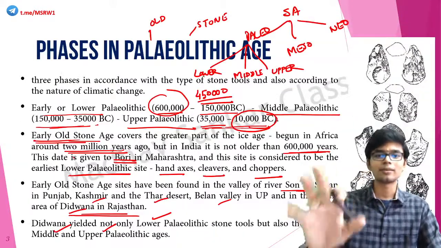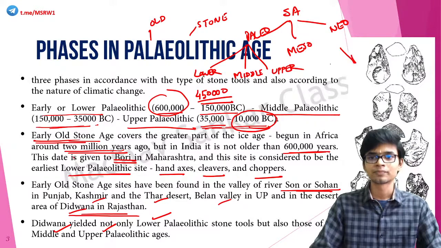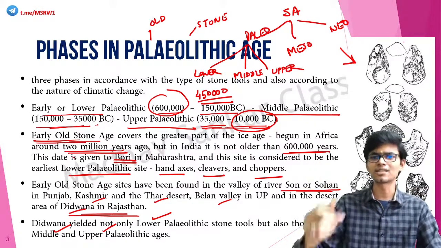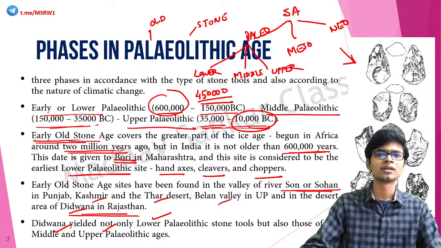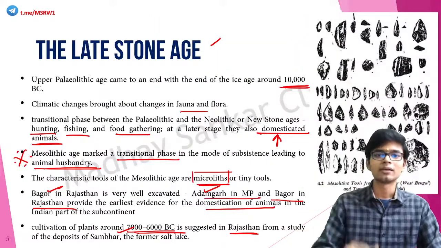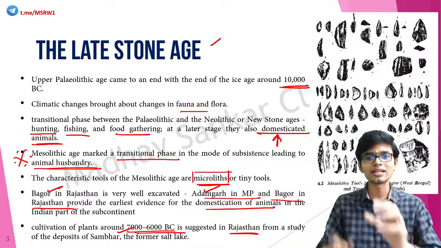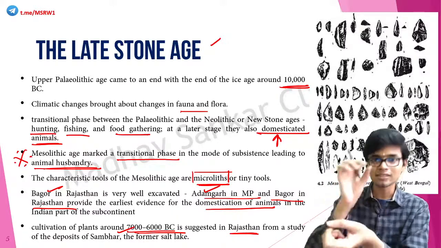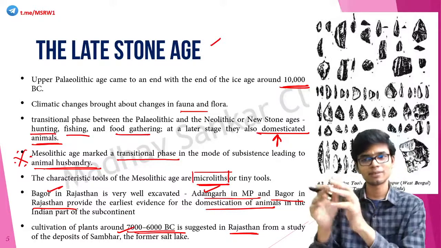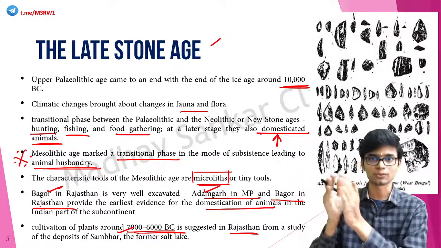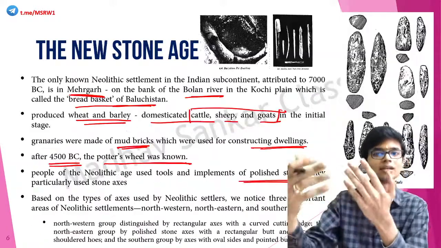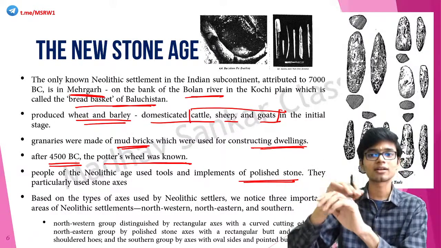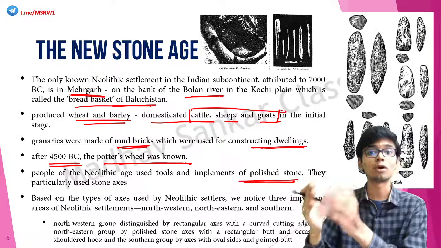You can see the Paleolithic tools here. They are very crude. There is no definite shape, no polishing. It is very rough. And then if you look at the Mesolithic stones, you will see that they are smaller in size. They are microliths, comparatively smaller and with a comparatively better shape. By the time of the Neolithic age, the tools are very much polished.